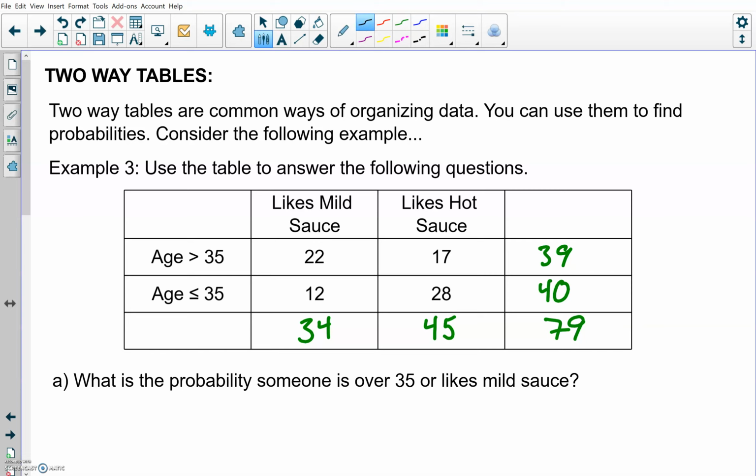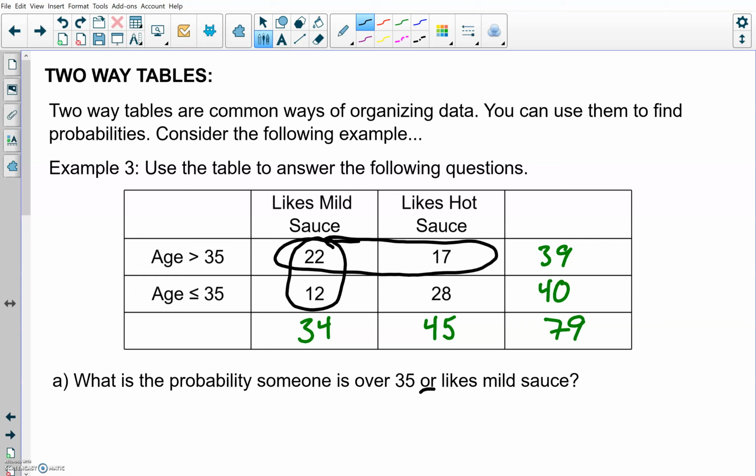The first one we're going to look at is the probability that someone is over 35 or likes mild sauce. So over 35 would be here, or likes mild sauce would be here. And notice that that 22 actually got circled twice.